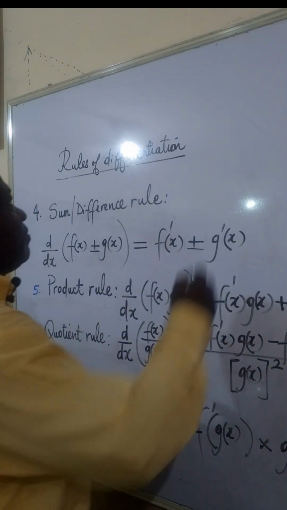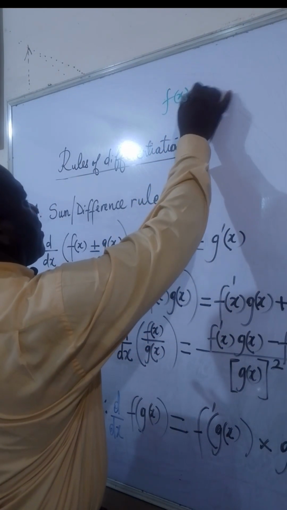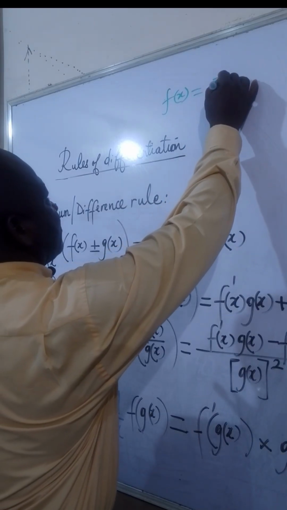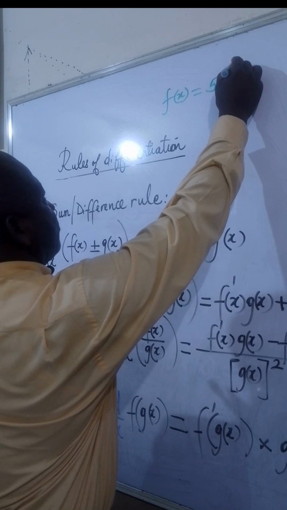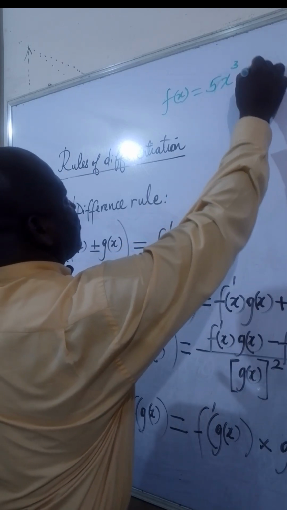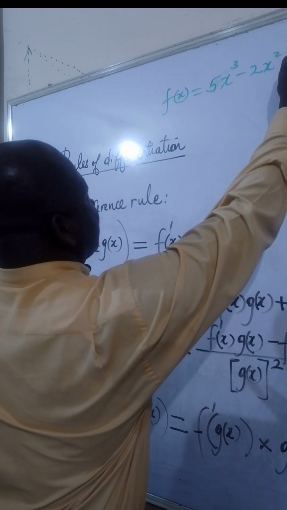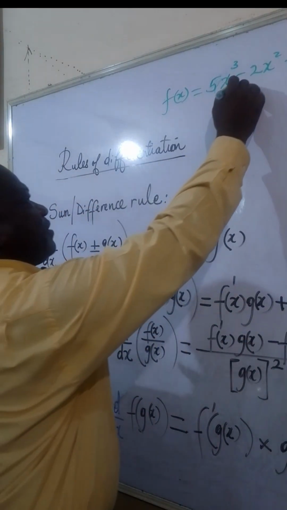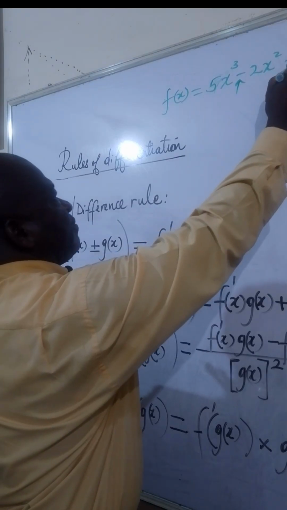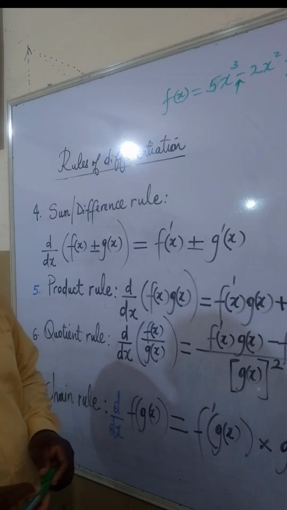For example, f of x equal to 5x raised to power 3 minus 2x raised to power 2 plus 7. So here you can see we have a difference and a sum, a combination of sum and difference.